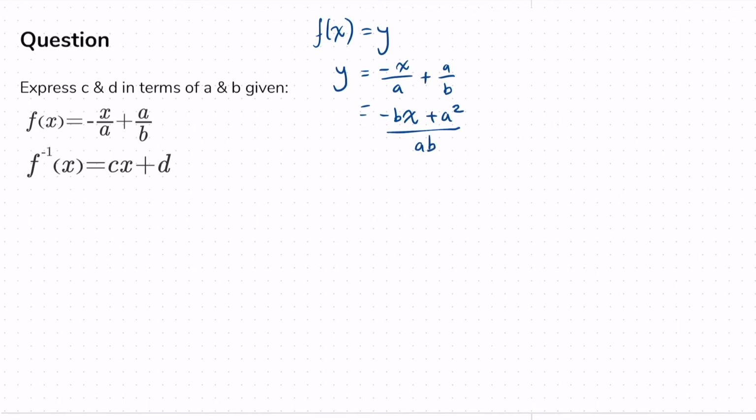All right, now I can move that ab to the other side by timesing both sides by ab. Subtract a squared from both sides. And then divide both sides by -b.